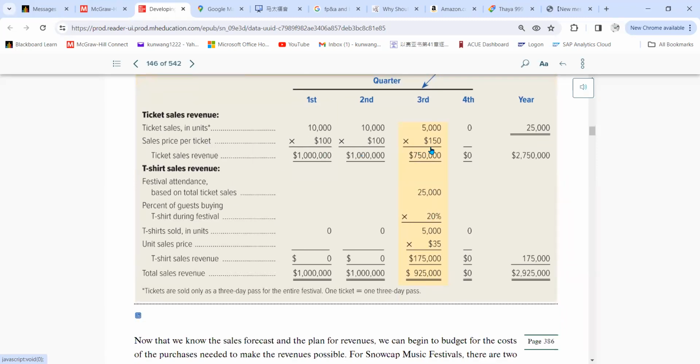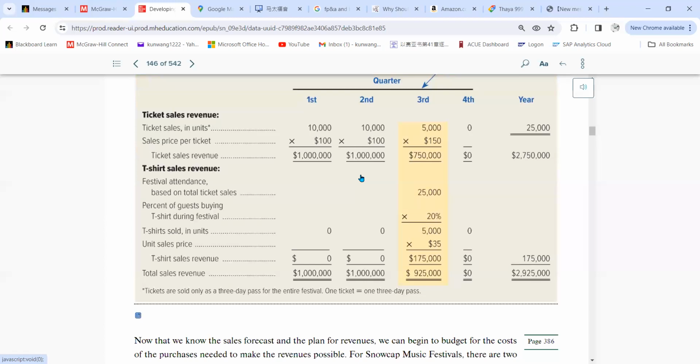So you have the sales revenue spread in the 3 quarters, but keep in mind, these are not really the cash revenues or cash receipts, because you may give credit terms. Okay, you may say for ticket sales, normally it's a one-time credit card or cash transaction, but it's case by case.